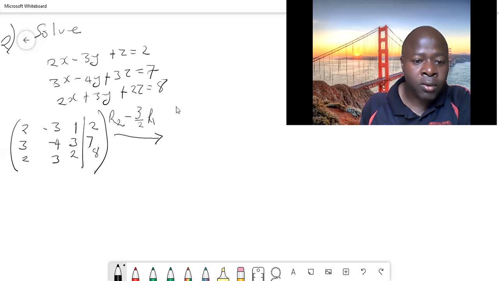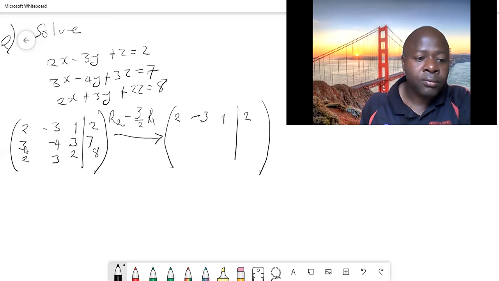Let's see what we get. So row 1 remains where it is as 2, -3, 1, and 2. Multiply this one by 3 over 2, you get 3. Subtract that 3 from this, and we have a 0 in this position.